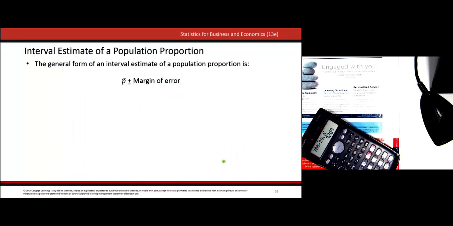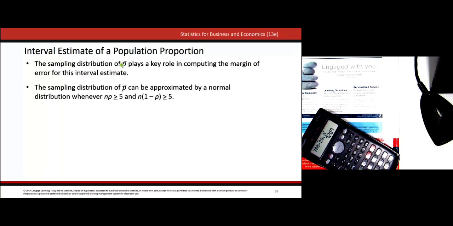And the interval estimate of a population proportion is very similar to that of the population mean. It is p bar, the sample proportion, plus minus margin of error. And here we will only discuss a normal approximation case.